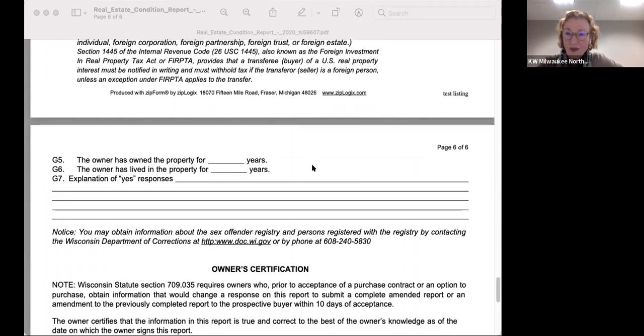But if the owner is the owner, whether they live there or not, they are responsible for filling out the condition report.